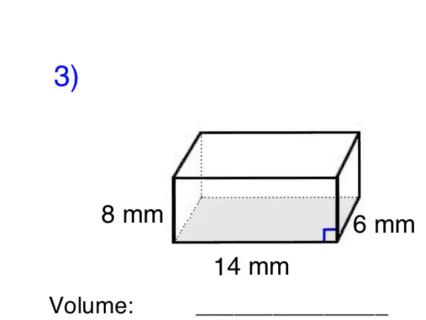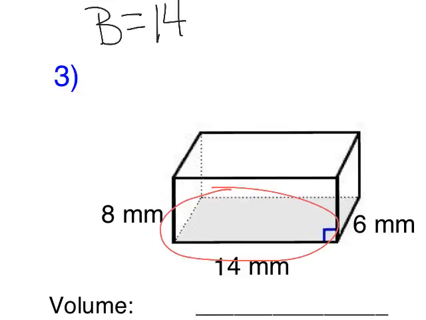For number 3, we're back to a rectangular prism. Notice this one is on its side, and our base is once again the bottom. So we're going to start with finding big B, which is the base, or the area of the base, which is going to be our length times our width, and that's going to be 14 times 6, so that will come to 84.